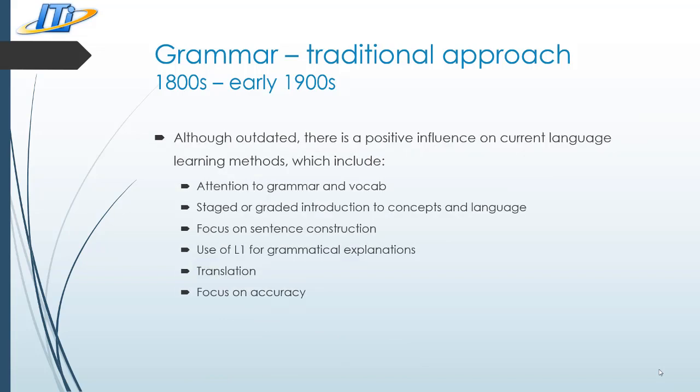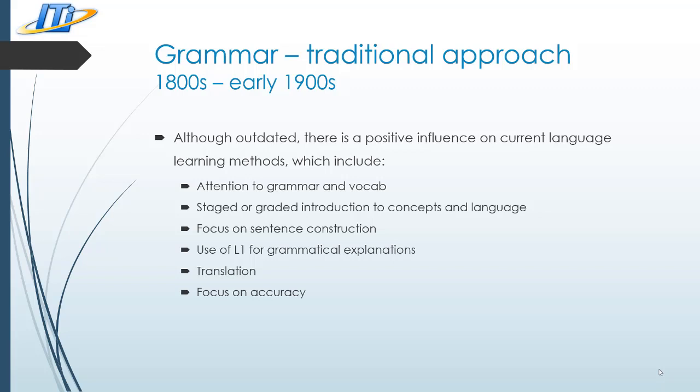Although the grammar translation approach is generally seen as outdated, there's evidence of its positive influence on current language learning methods. Aspects that are worth incorporating into language learning programs include, first, that grammar and vocab need specific attention.